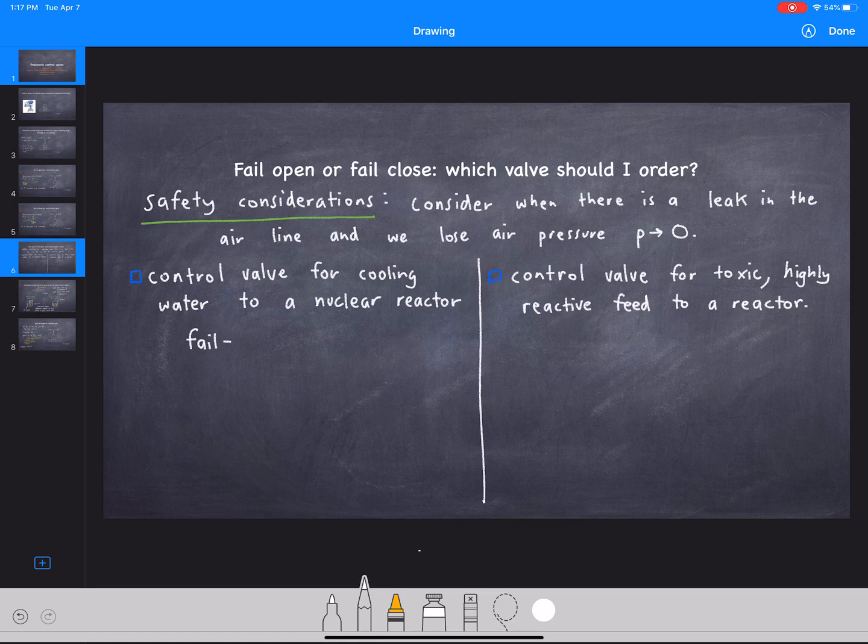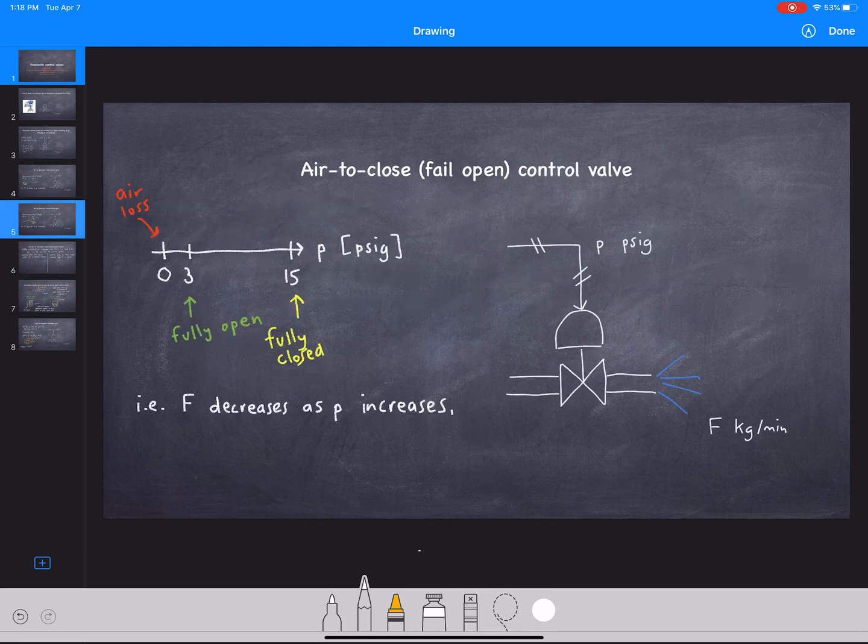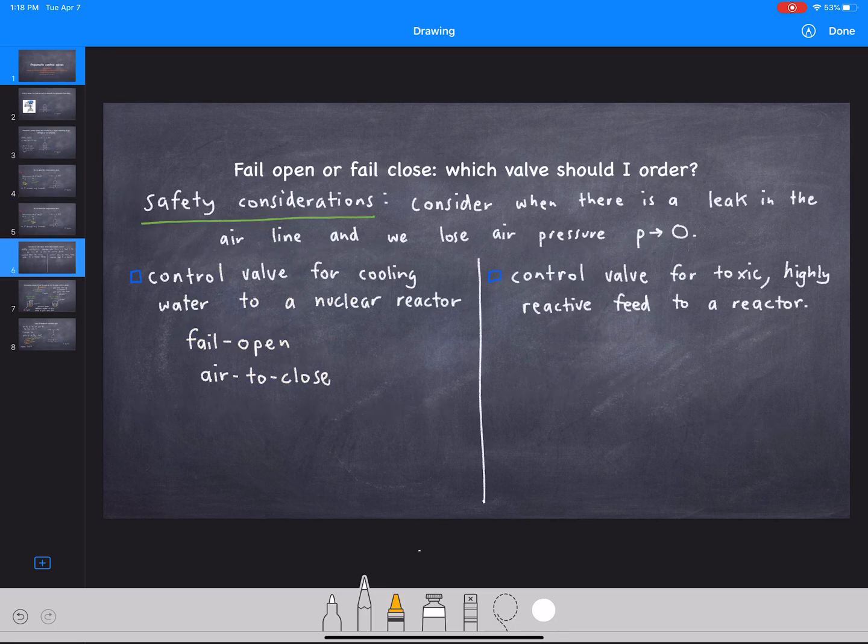So we want this valve to be fail open, i.e. air to close. You need air to close it. So this way, for safety, if you lose air, it remains open. So if we go back here, air to close, fail open.